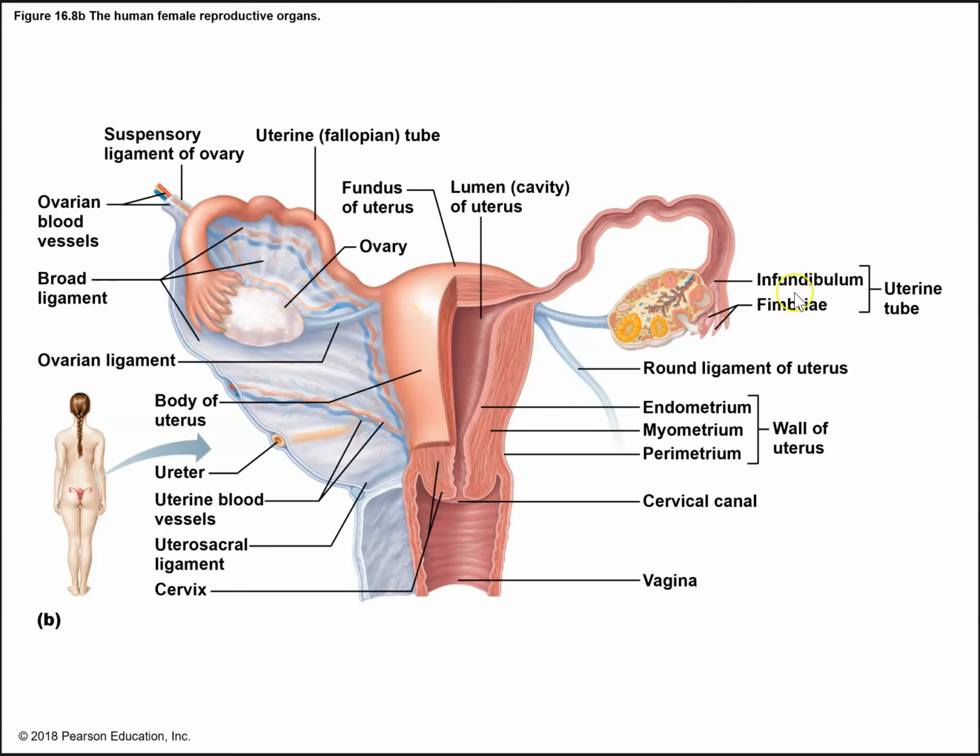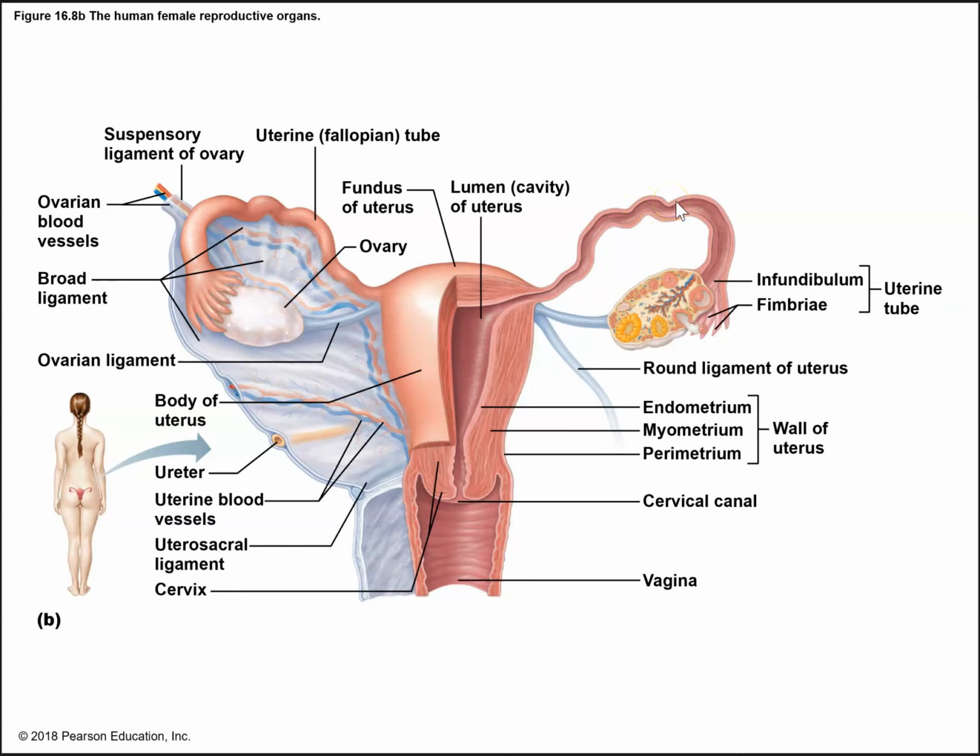So the first region is known as the infundibulum. The infundibulum is an open funnel-shaped portion near the ovary, and the fimbriae are the finger-like processes that help in moving the eggs. And then you have the ampulla.